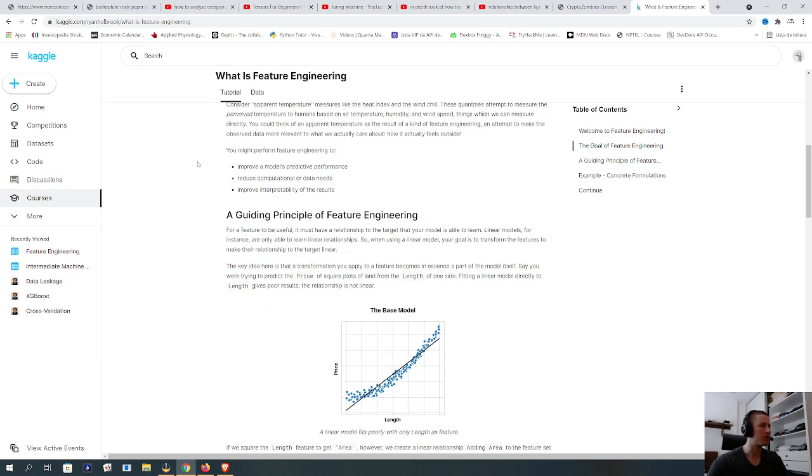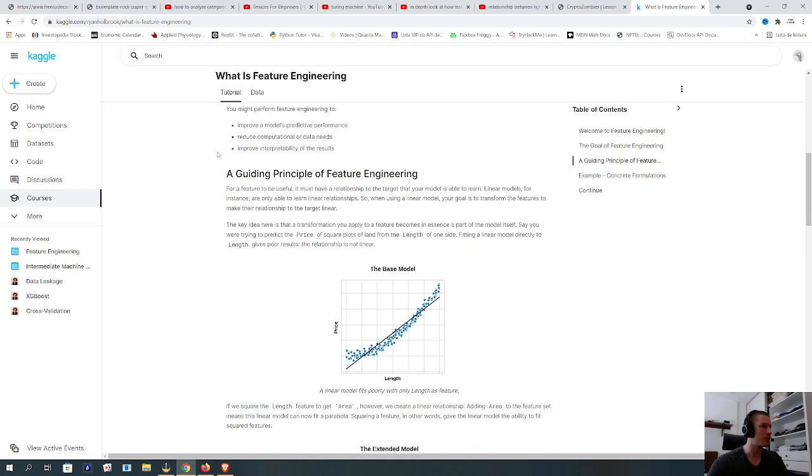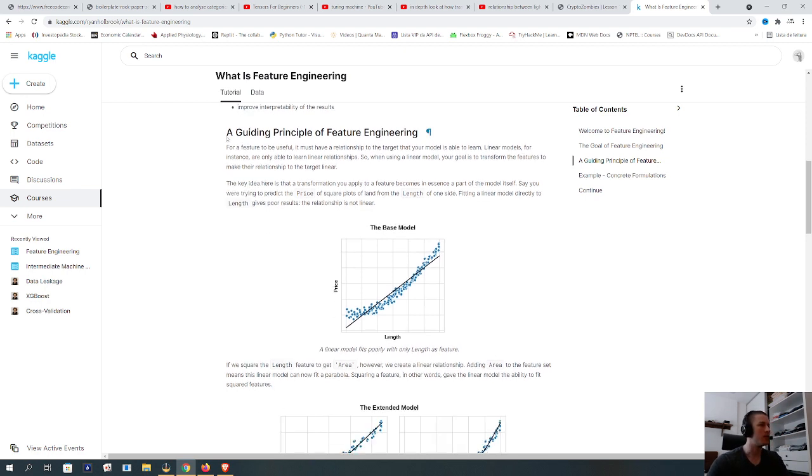You could think of an apparent temperature as a result of a kind of feature engineering, an attempt to make the observed data more relevant to what we actually care about, how it actually feels outside. You might perform feature engineering to improve a model's predictive performance, reduce computational or data needs, improve interpretability of the results.